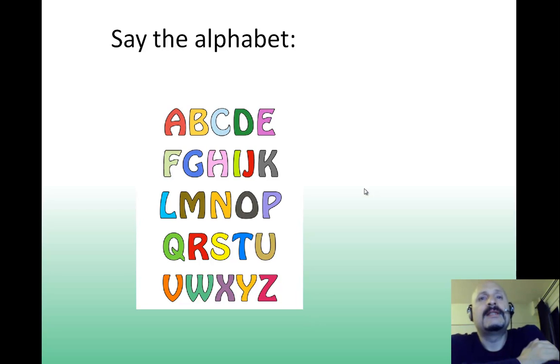A, B, C, D, E, F, G, H, I, J, K, L, M, N, O, P, Q, R, S, T, U, V, W, X, Y, Z. And now, even faster. I want you to say A to Z.